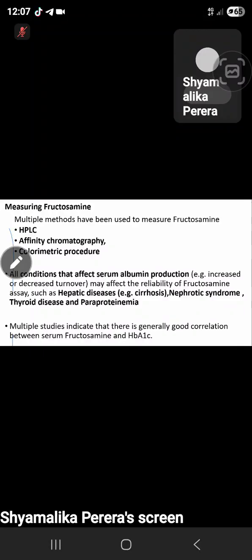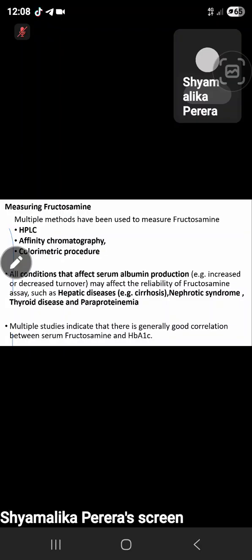The measuring methods are the same methods: HPLC method, affinity chromatography methods, and colorimetric procedures. But the only thing is, if you have conditions that affect the serum albumin production, sometimes you can have liver diseases. The liver is the organ producing this albumin.